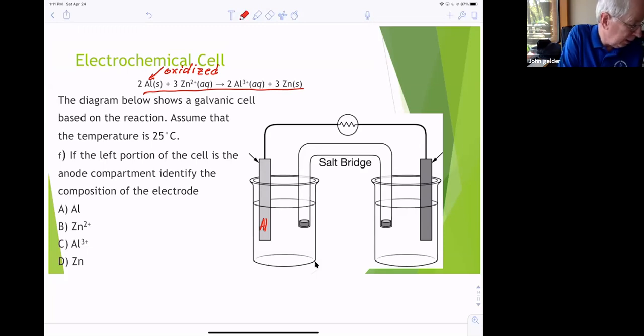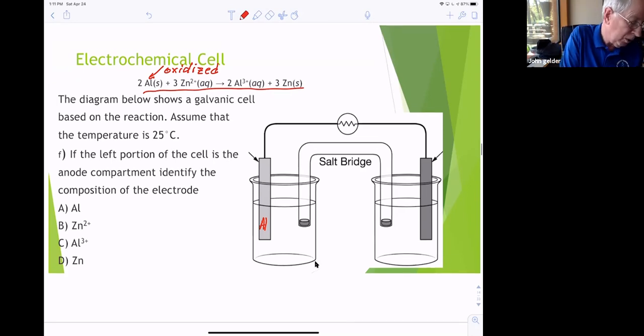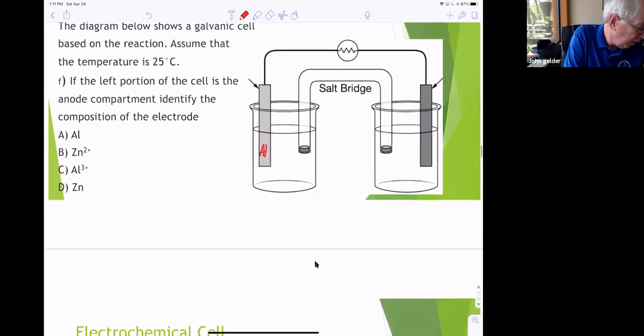Here in a moment, I'm going to give you another multiple choice question where we talk about the cathode.